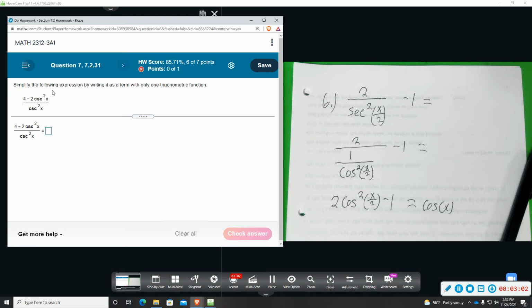Right, and then number 7, we want to simplify this expression, writing it as a term with only one trig function.